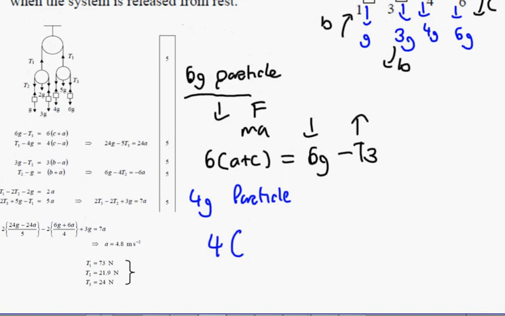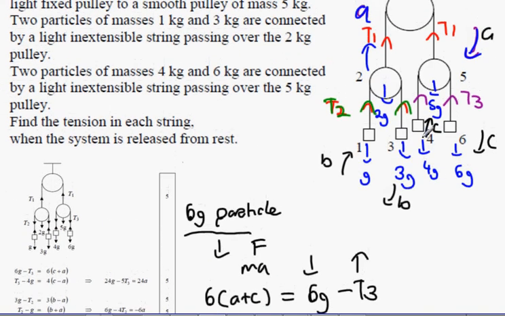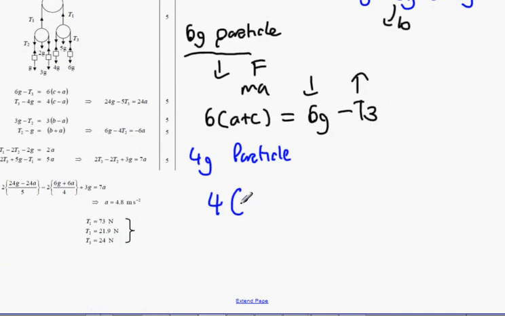If I've assumed it's going down, which one's bigger, A or C? A, because C is going upwards. So it's going to be A minus C. 4 times A minus C equals its weight going downwards, which is 4G, minus T3.